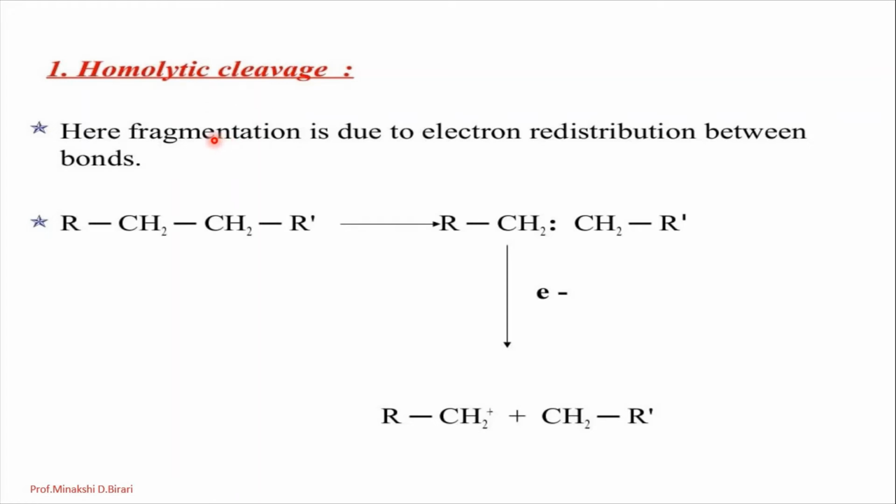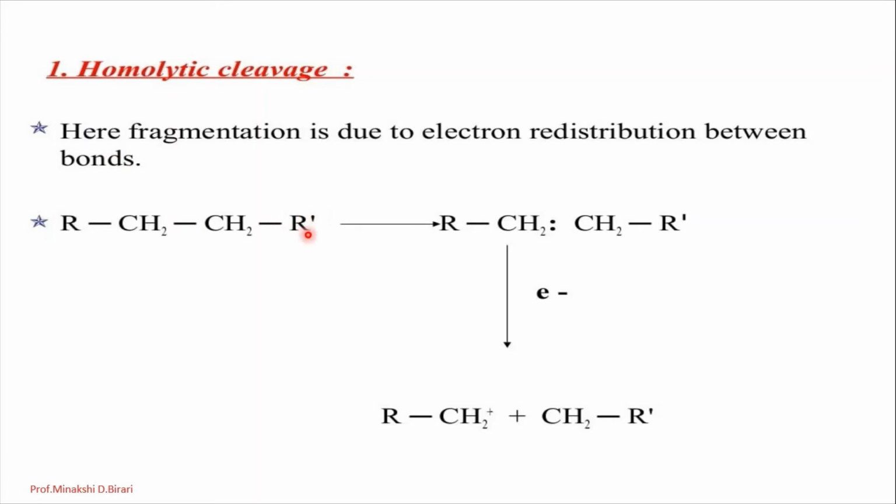Here, the odd electron ions have an unpaired electron which has the tendency to create a new bond. If any new bond is formed, then energy will be released and that energy will be used for the cleavage of another bond. So that is the homolytic cleavage, and homolytic cleavage is also known as alpha cleavage.